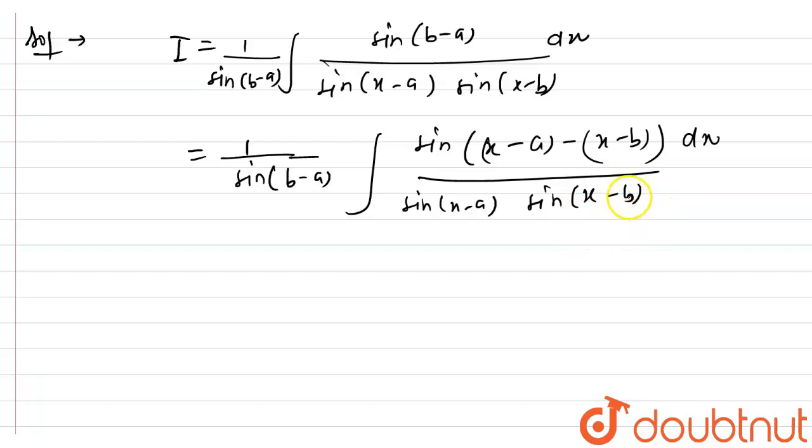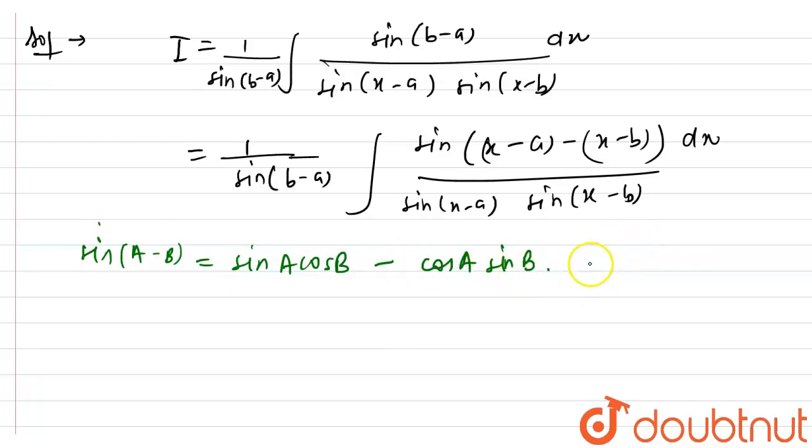Okay, now I'm going to open the formula for sin(a − b). It is nothing but sin a cos b − cos a sin b. This is the simple formula we already know. I'm going to open this formula in the numerator here.